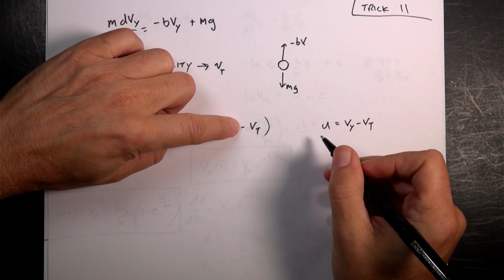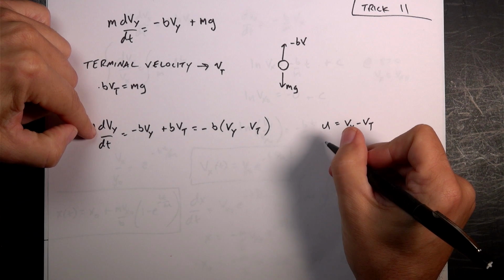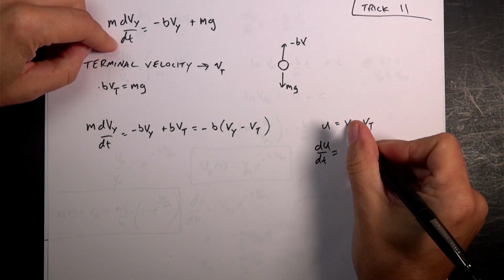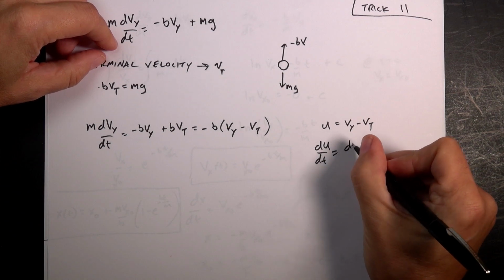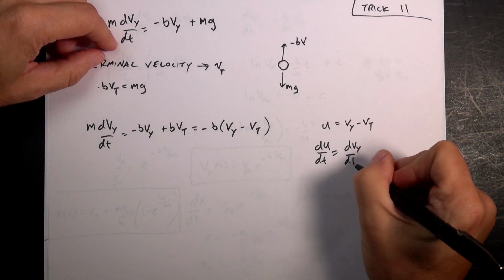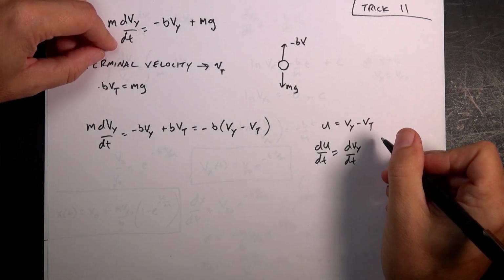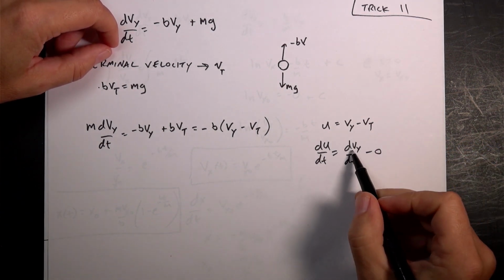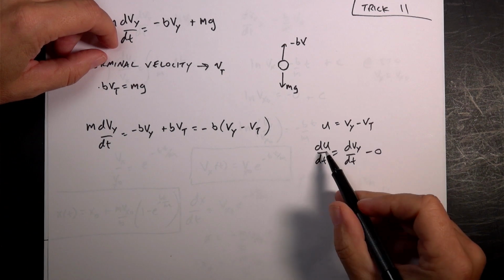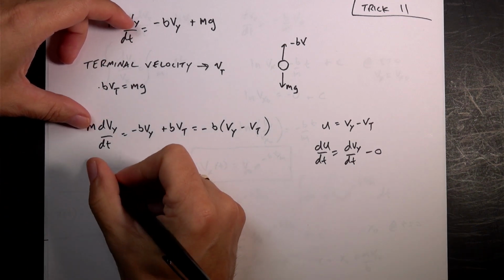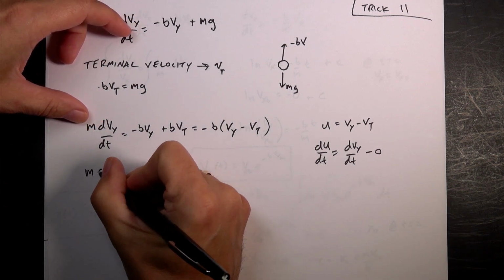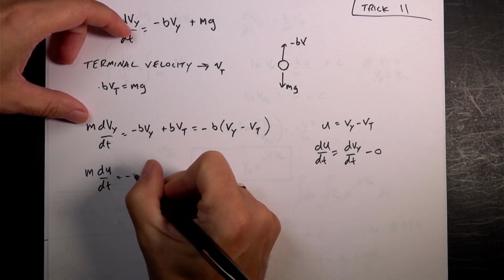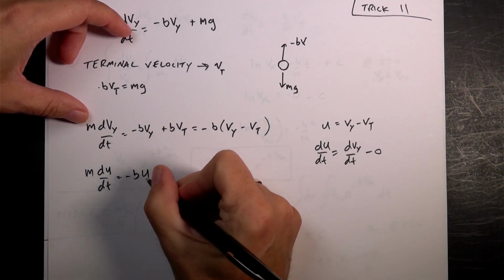If I do that, let's take the derivative of u with respect to t. That's going to be the derivative of vy with respect to t, minus the derivative of the terminal velocity with respect to time, but the terminal velocity is constant, so minus 0. So dvy/dt is du/dt. Over here, I can rewrite this as m du/dt equals negative b u.